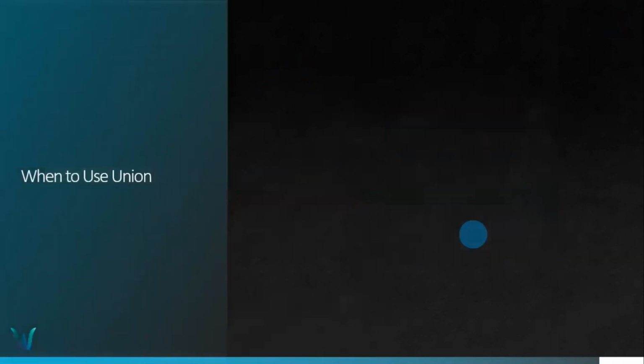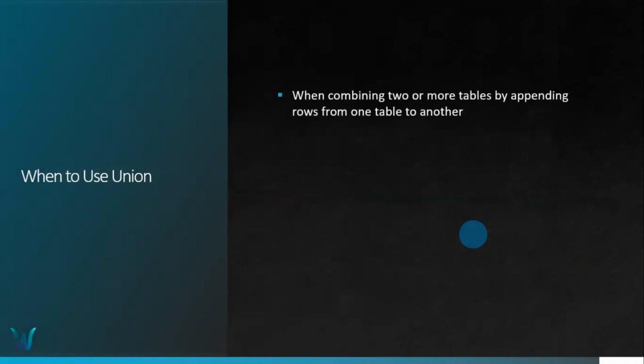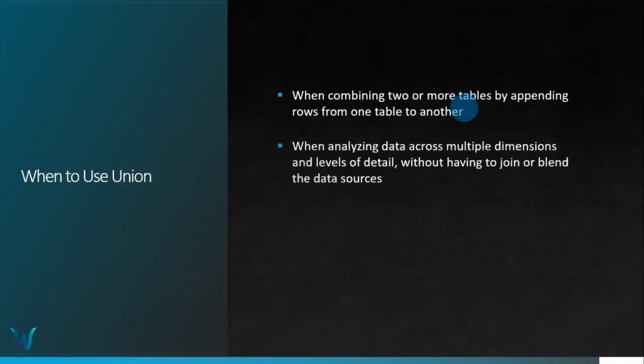Now, when should one use unions in Tableau? When you're combining two or more tables, like we saw in the example, when you're analyzing data across multiple dimensions and levels of detail without having to join or blend the data sources.